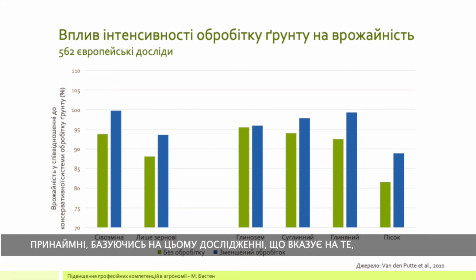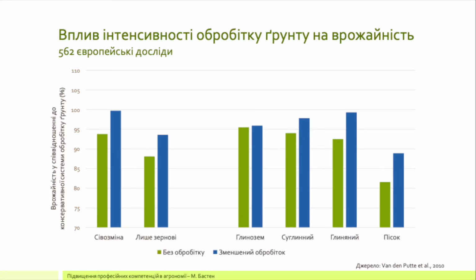At least based on this study, we will lose some yield when changing from conventional to conservation tillage.